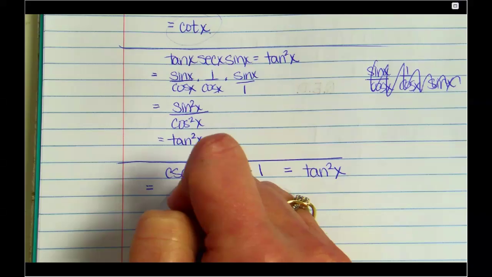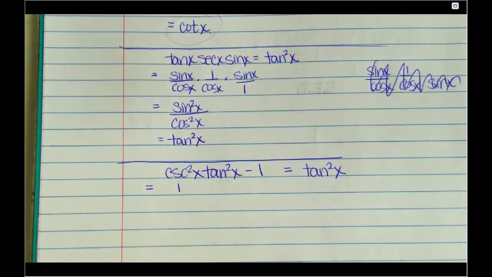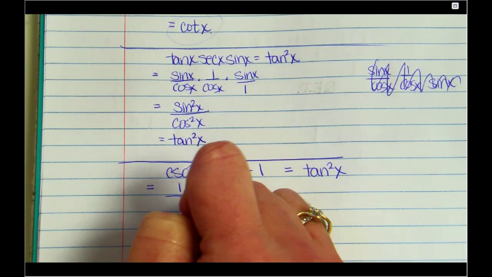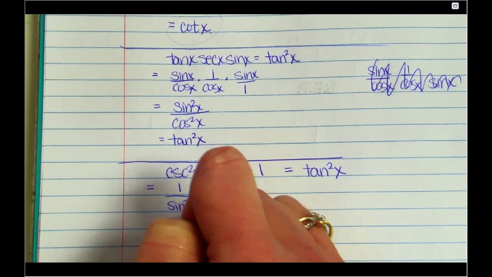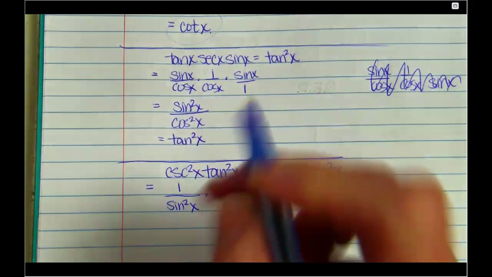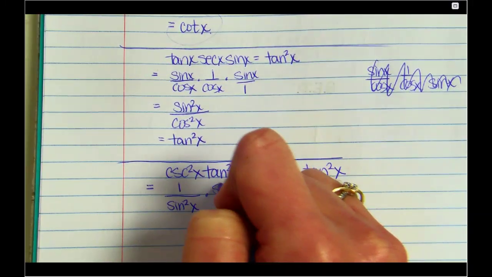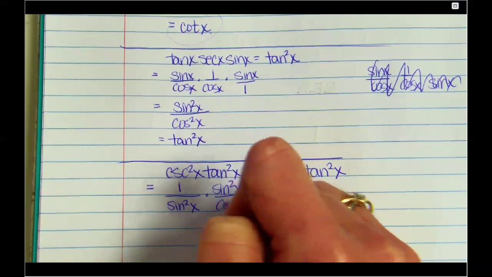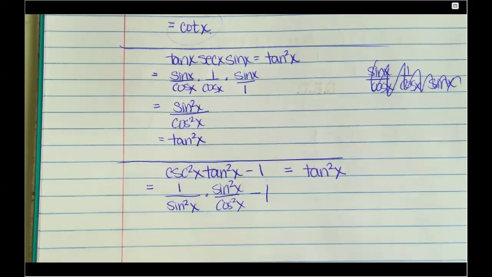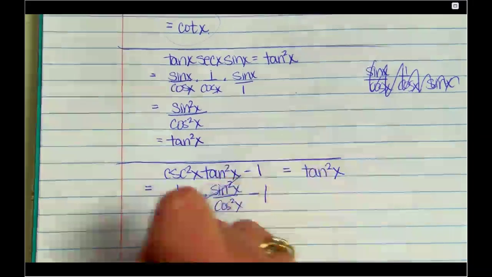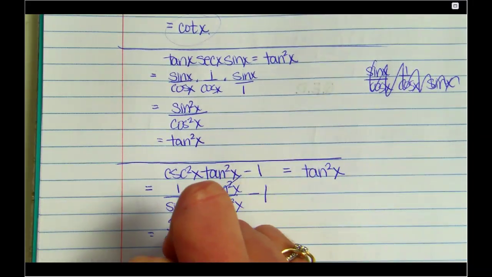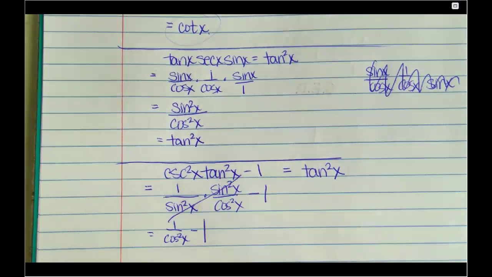So, cosecant is what? 1 over sine, but it's squared. Okay, tangent is what? Sine over cosine, squared. So what happens? Sines cancel. Okay, so you have 1 over cosine squared x minus 1. That's little dog.